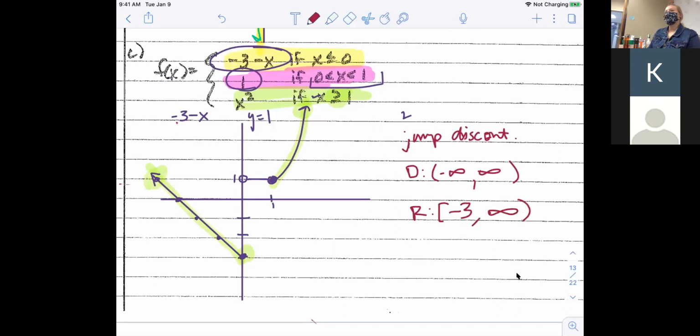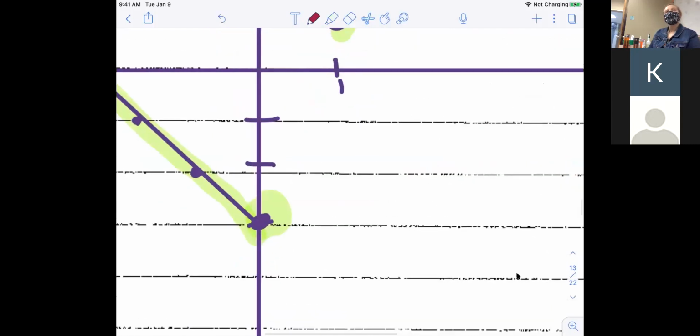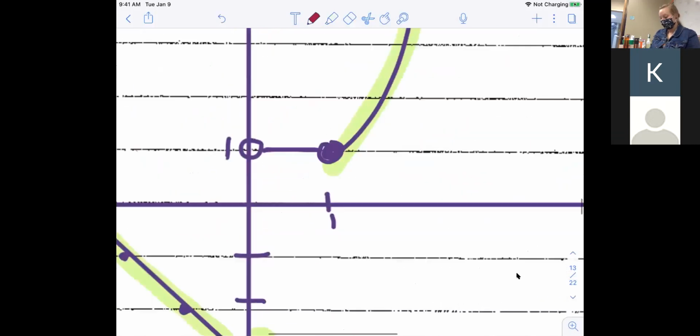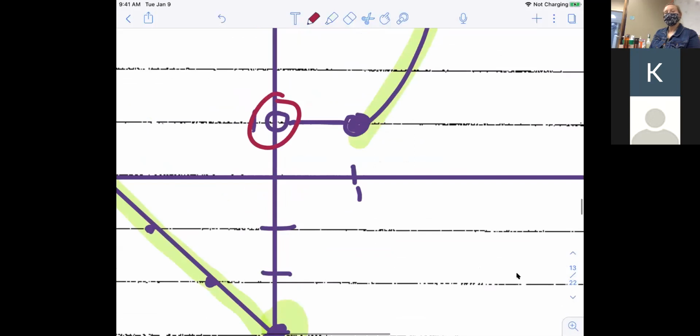So -3 to infinity. You know why I can include -3? Oh, so I still have y's at this value, right? I still have y's there. Here's a y, here's a y, here's a y. All those are y's at 1. So there's nothing I'm missing out there.